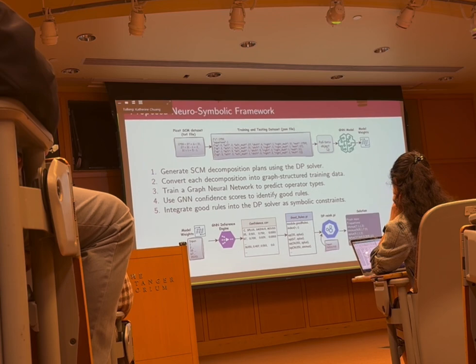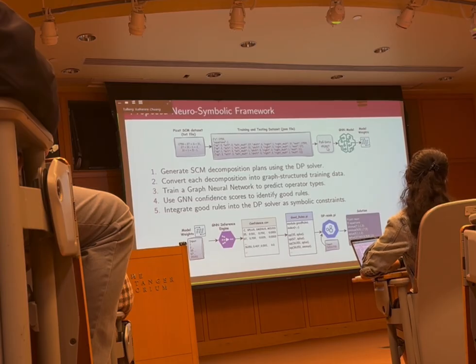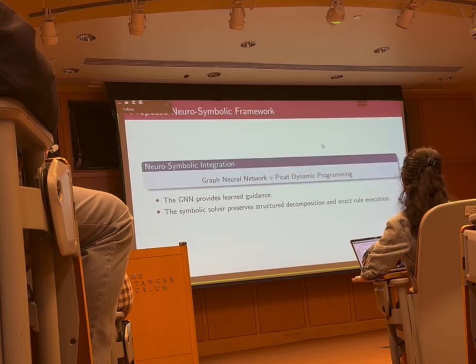There is a yellow framework that indicates the confidence score. So here we leverage the confidence score to identify the good rules. Once we have the good rules, we integrate them into the PyCat DP solver there. So that is the overall idea of this approach.